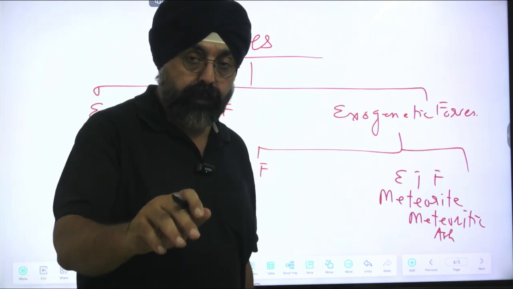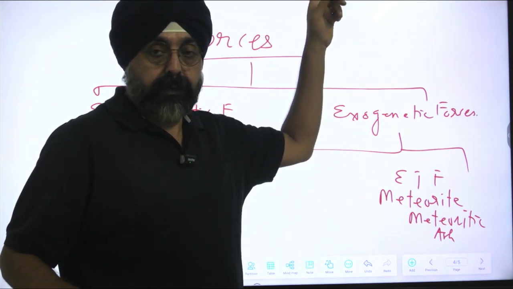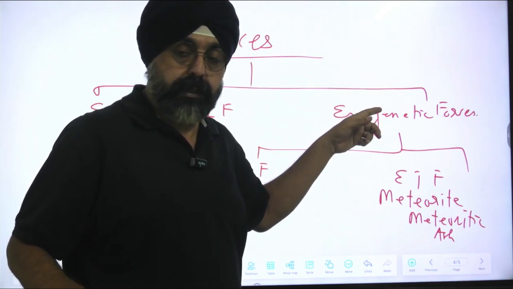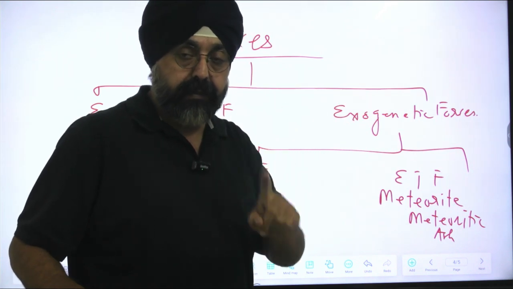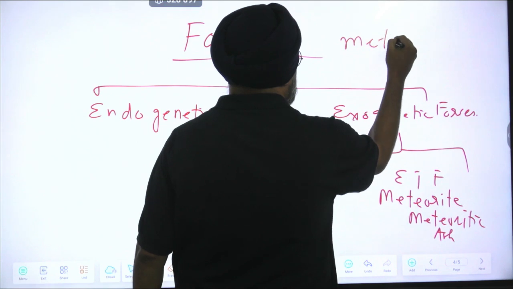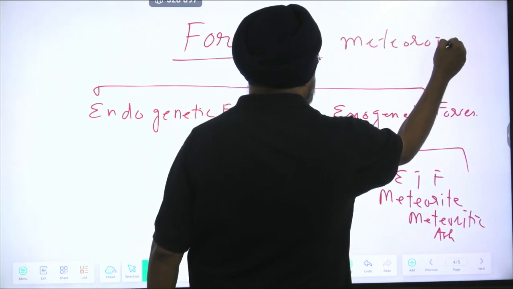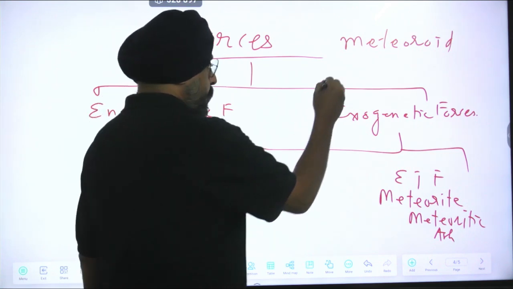And do not forget the definition. Any object that passes nearby the planet Earth and does not enter into its atmosphere is a meteoroid. That enters, it is a meteor.